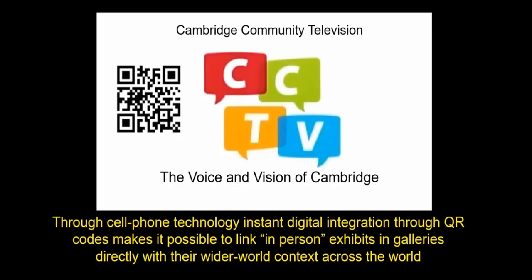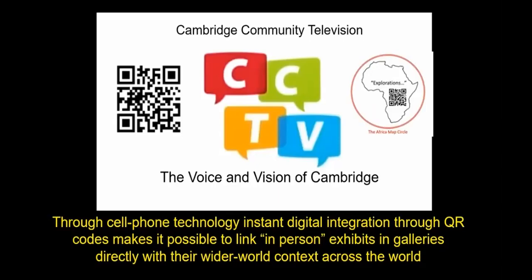So if you scan in the code from a TV broadcast, or you learn about the Africa Map Circle from a TV broadcast, you can scan in the code. And it's as if you're taking notes on the whole thing and are able to get out to the original material.